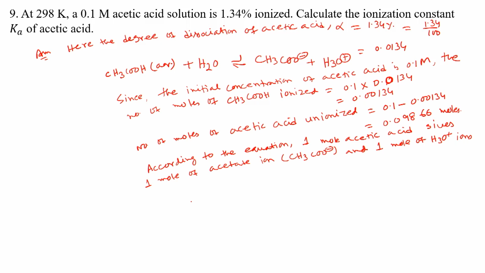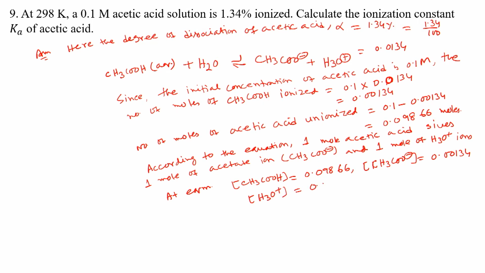So we can write at equilibrium, the concentration of CH3COOH is 0.09866, concentration of CH3COO minus is 0.00134, and concentration of H3O plus is also 0.00134, right.